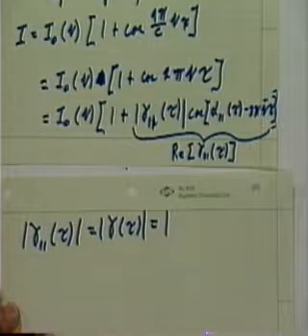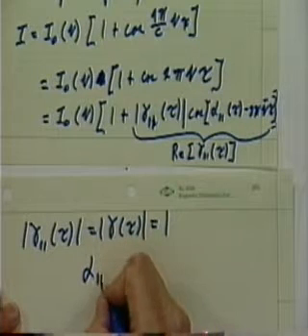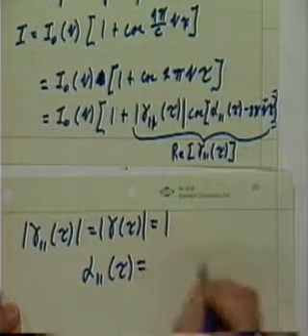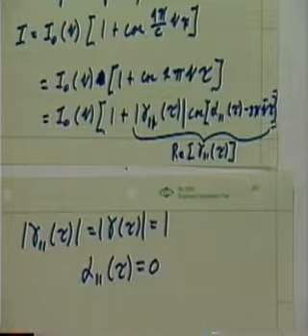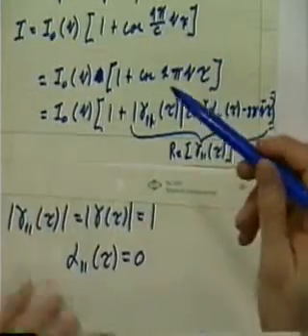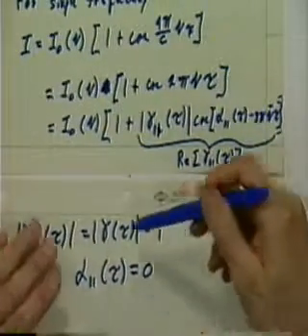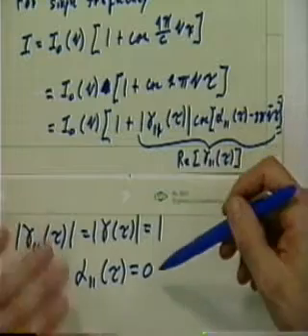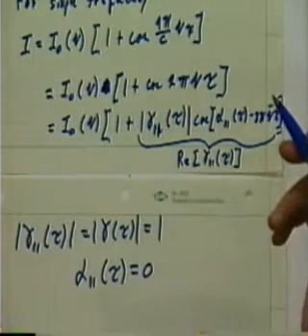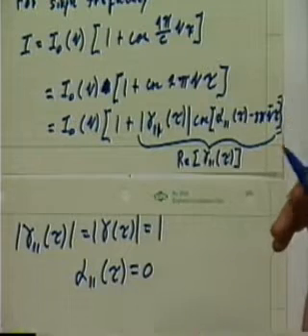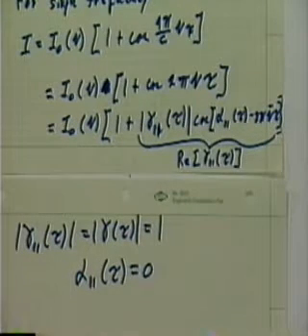And alpha 1 of tau is equal to 0. Well, I said it wasn't going to be real exciting. But this is what you would expect. We have a single frequency. The coherence function is 1. And the phase of the coherence function is 0. Okay? So any questions at this point?